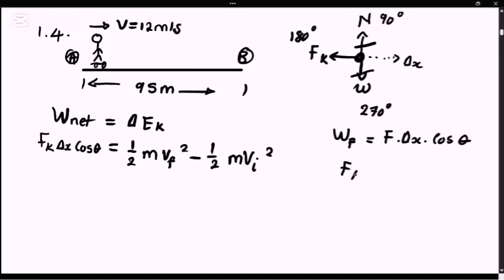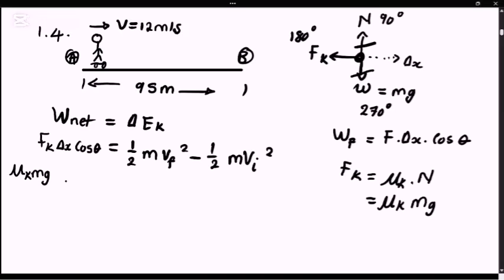Knowing that Fk is given by the coefficient of kinetic friction multiplied by the normal force, where in this scenario the normal force is equal to the weight, which is mg. So your Fk will be equal to your Uk multiplied by mg, which means you can go back to your work net and substitute in the space of Fk.